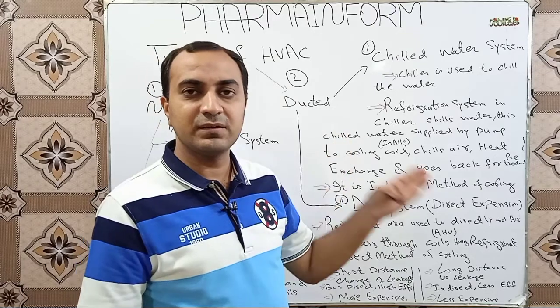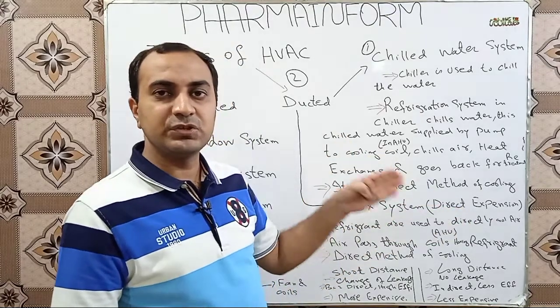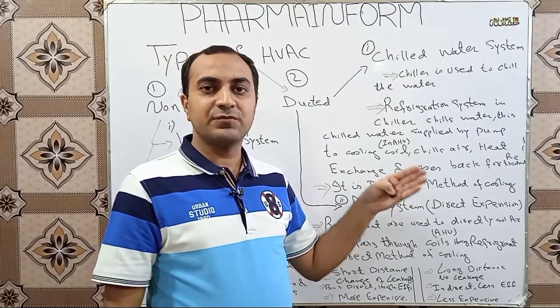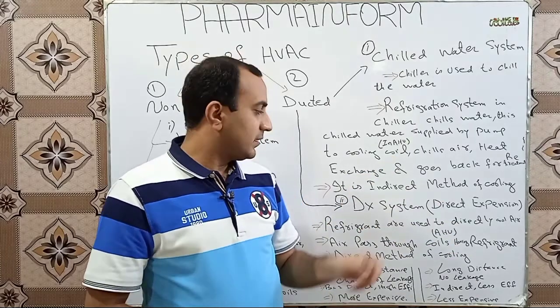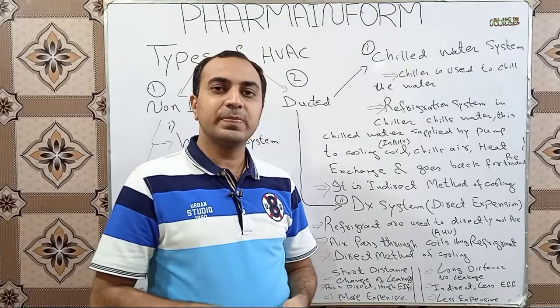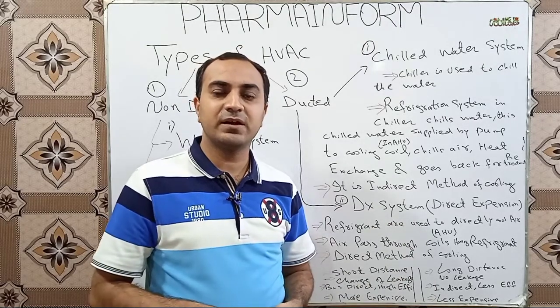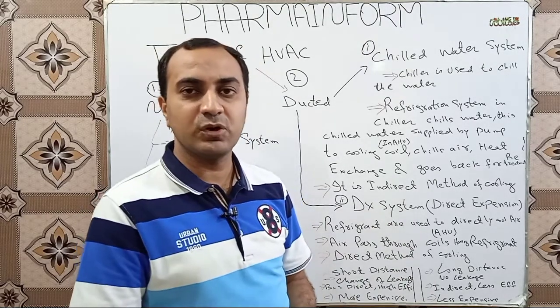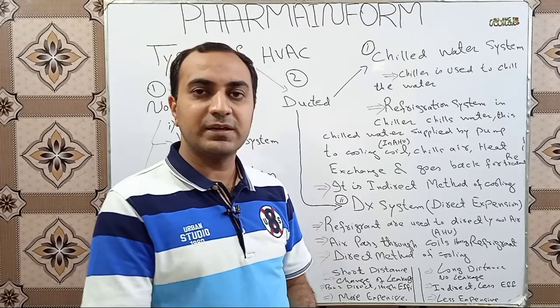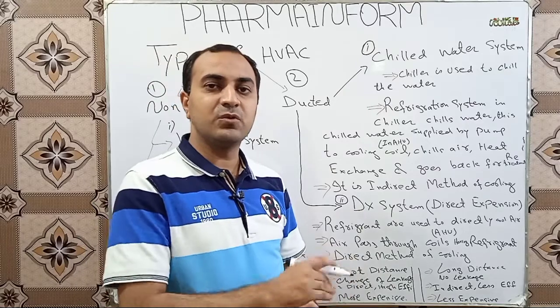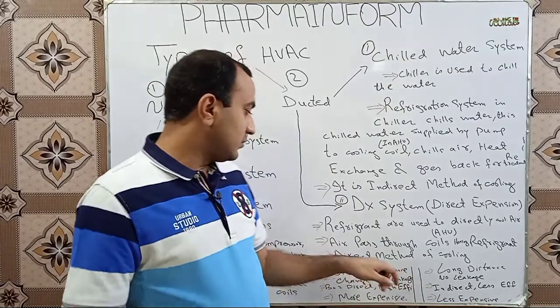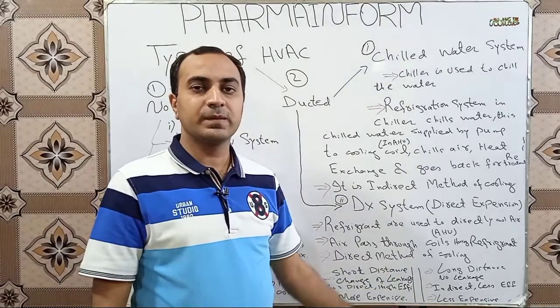And when air passes through these coils which have circulated cooling water, the air becomes cooled. In DX type of system, refrigerants are directly circulated inside the coil. So when air passes through these coils, the air is directly chilled or cooled. So it is known as direct method of cooling.